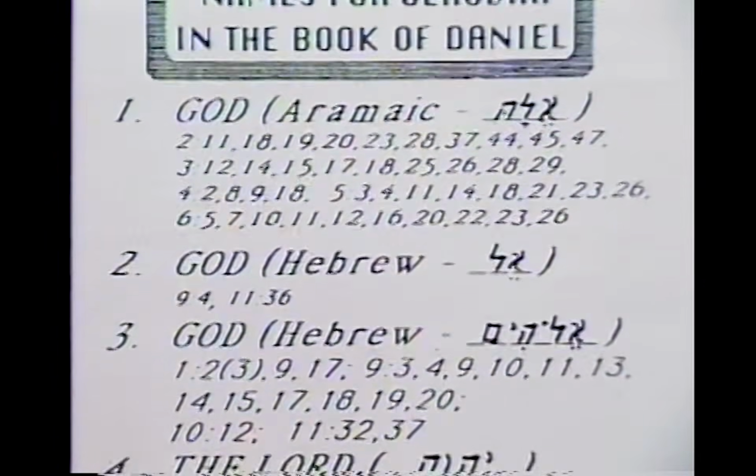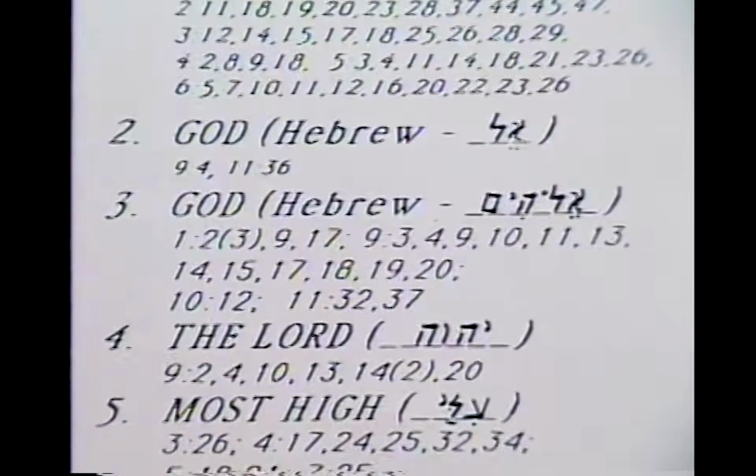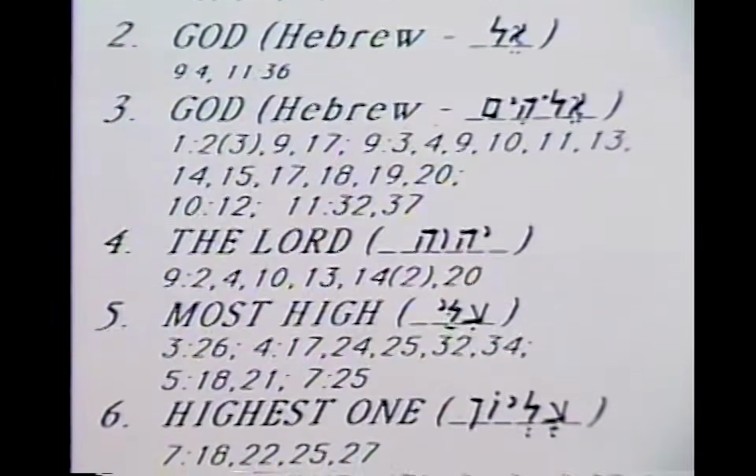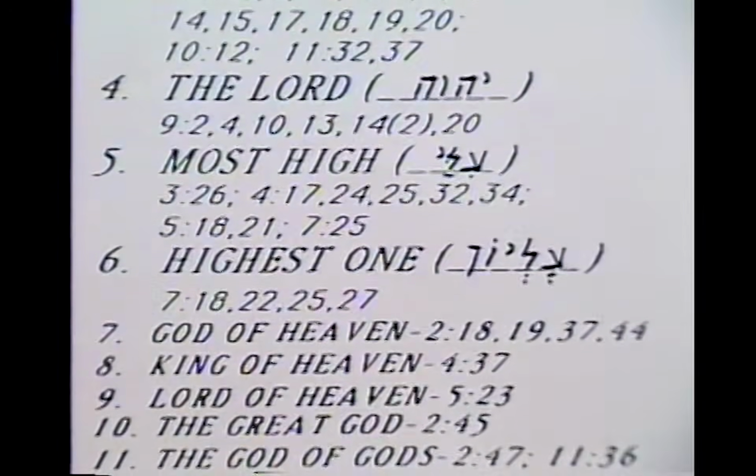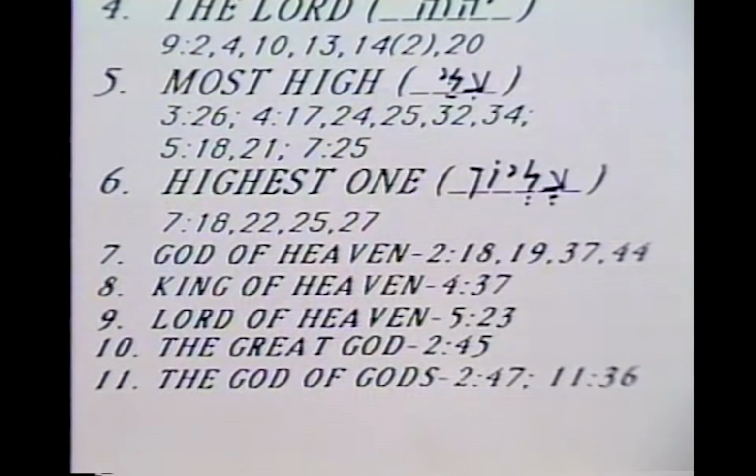And then just scanning down the rest of that, the word the Lord occurs a number of times in Daniel. Most High, Highest One, God of Heaven, King of Heaven, Lord of Heaven, the Great God, and the God of Gods. And so what we see is that there are a number of times that we have references to God, all of which in the book of Daniel are meant to exalt Him.